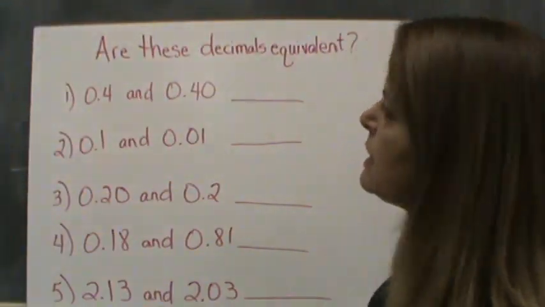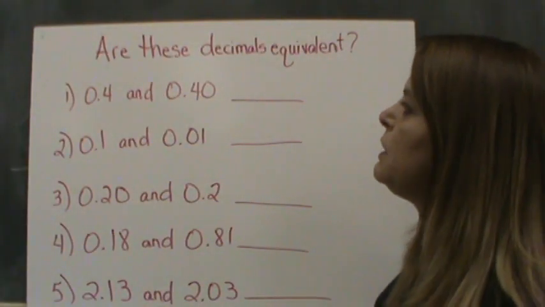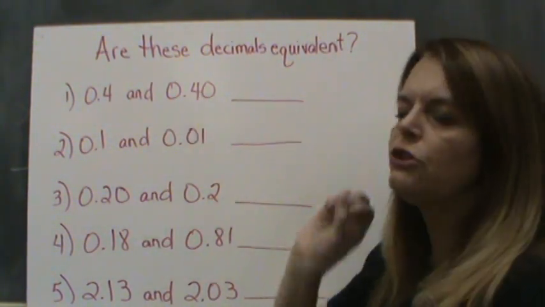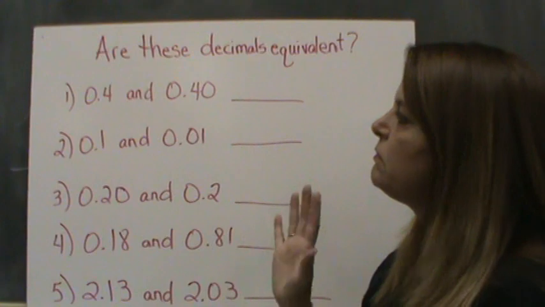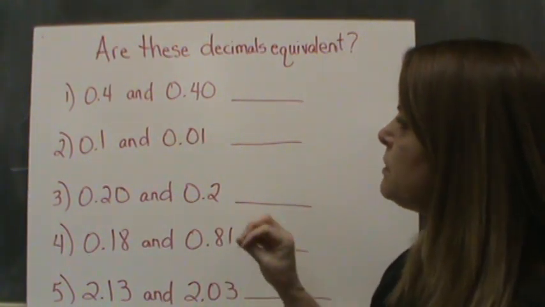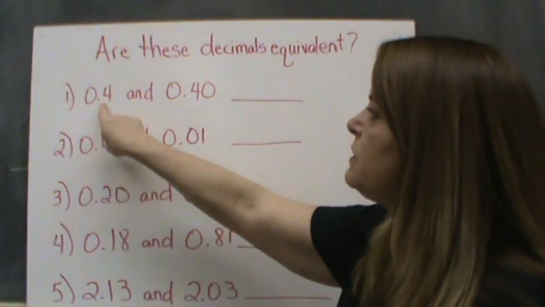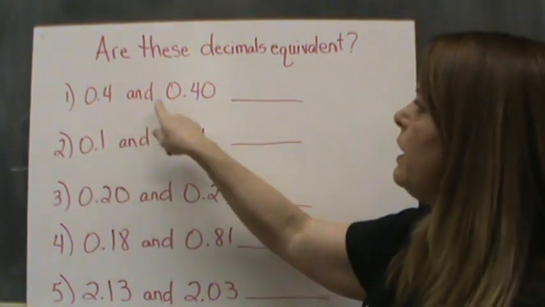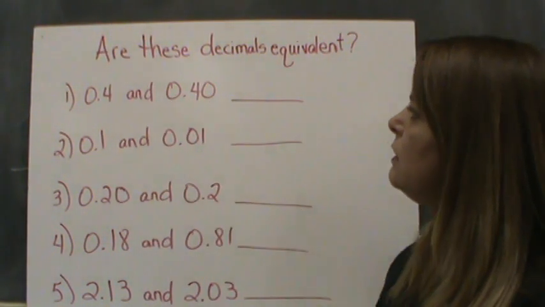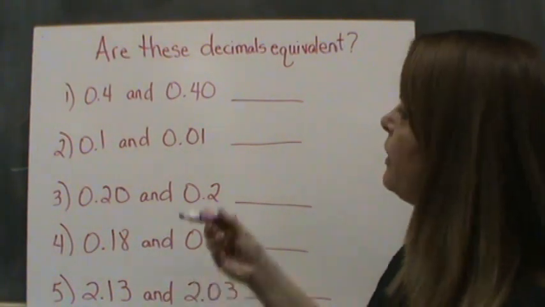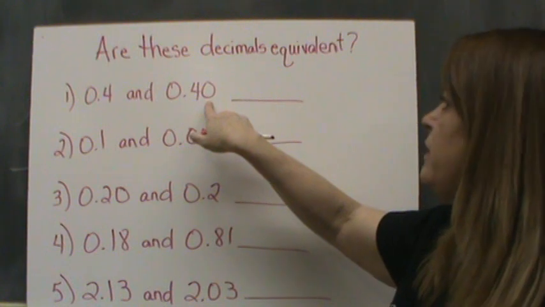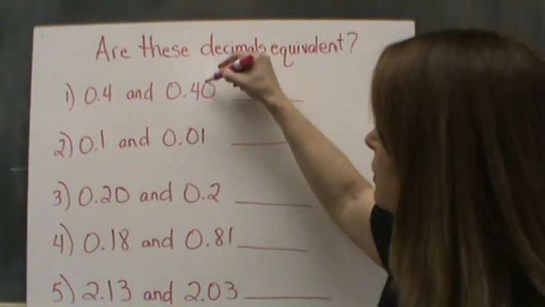Let's look at these decimals and see if they are equivalent. Remember, any zeros after the last non-zero digit don't change the value of the decimal at all. I have 0.4, read as 4/10, and over here I have 40 hundredths. There's my last non-zero digit, so any zeros after that don't matter.